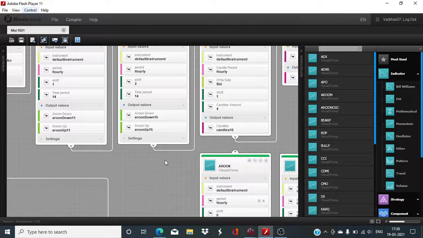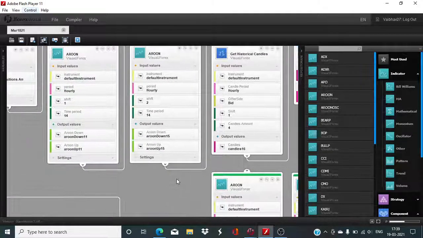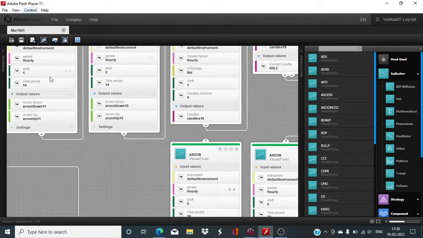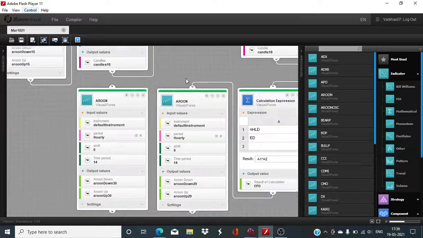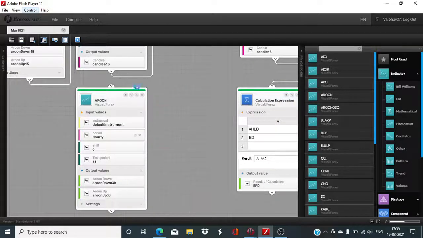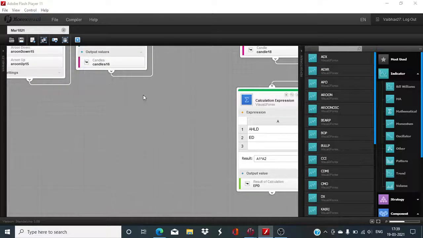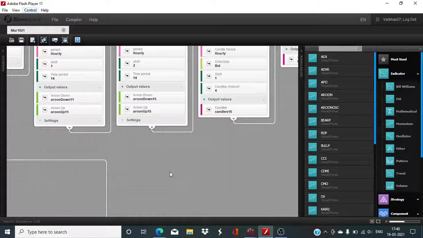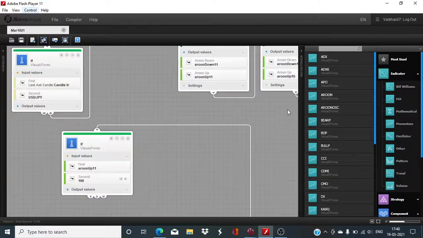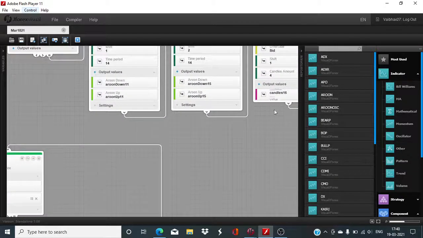So yes, we can do the comparison using these two blocks itself. So we were right, we don't really need it. I think I got confused here, and pardon me for that.